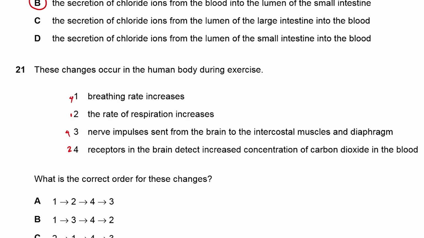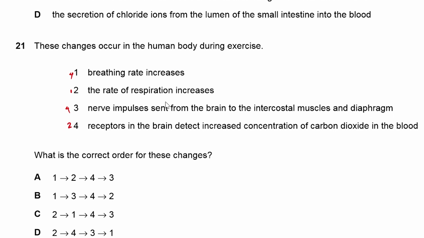So the first thing will be rate of respiration increasing. Then after that, receptors will detect increased carbon dioxide concentration, and then nerve impulse will be sent to the intercostal muscles and diaphragm, and eventually breathing rate will increase. That is 2, 4, 1, 3. Number 2 should start, then number 4 comes next, then number 3, which is D here.